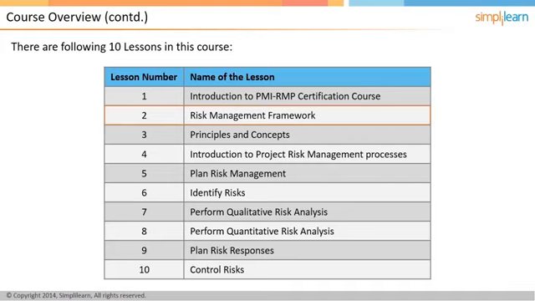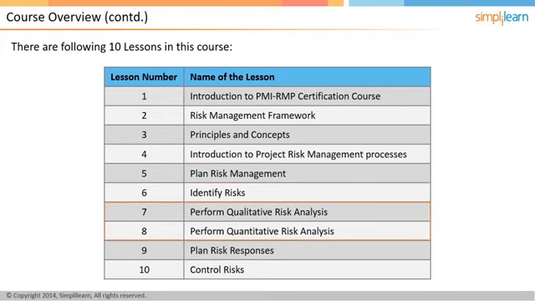Lesson 2 will introduce us to Risk Management Framework. Lesson 3 is about the principles and concepts. Lesson 4 introduces us to project risk management processes. Lesson 5 is about plan risk management. In Lesson 6, you will find out how to identify risks.